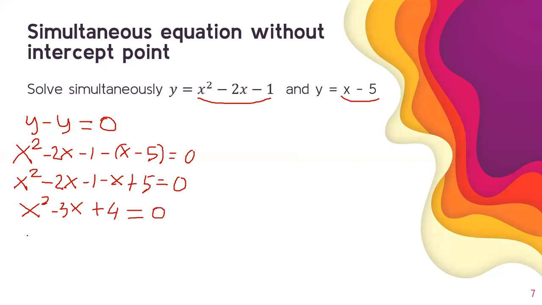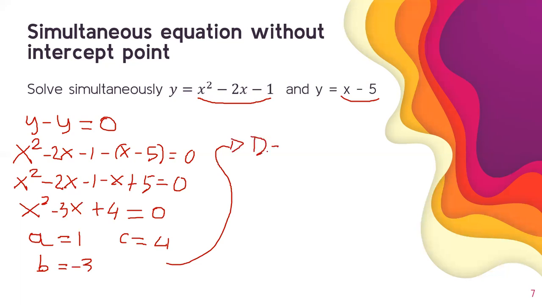All right, it means a equals 1, b equals -3, and c is 4. So the discriminant is b squared minus 4ac.